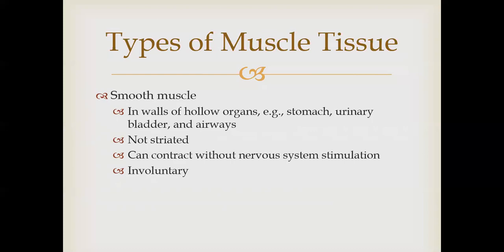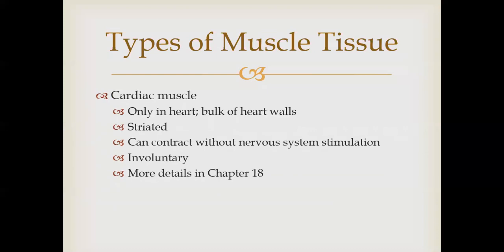All right, and then finally, in the chart for the cardiac muscle, location is only in one place, that is in the heart, and specifically the walls of the heart. Its function is to forcibly move blood through the walls of the heart chambers and arteries.